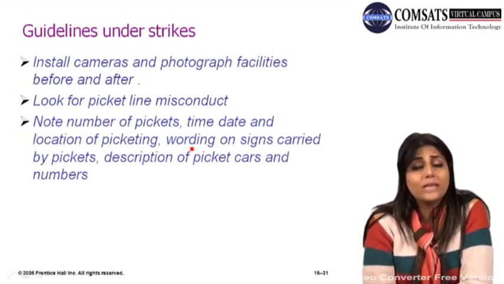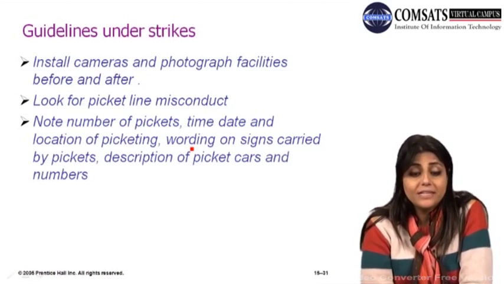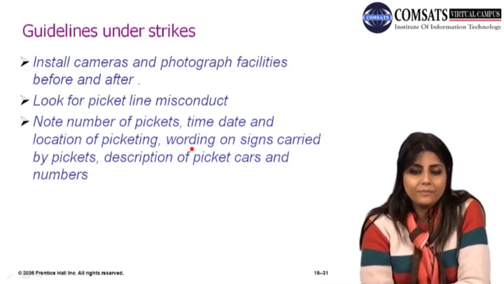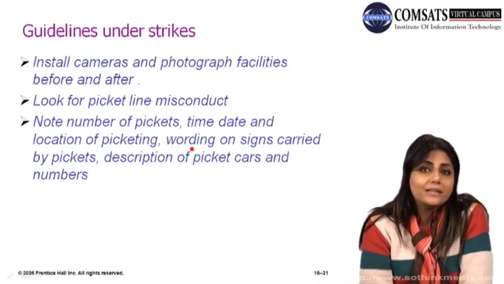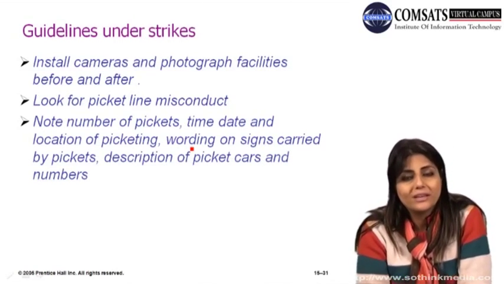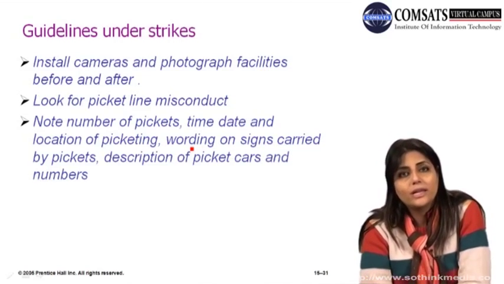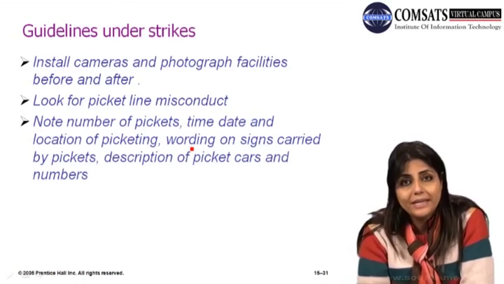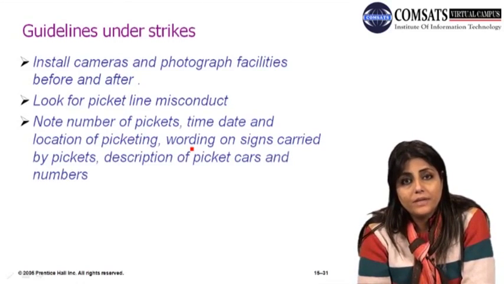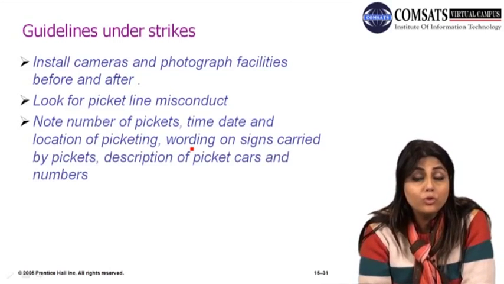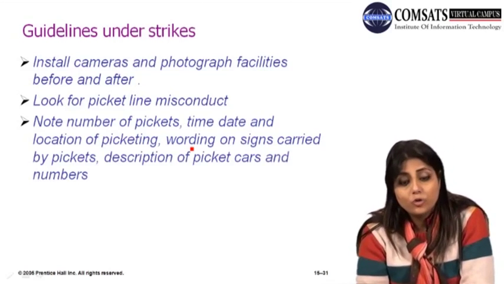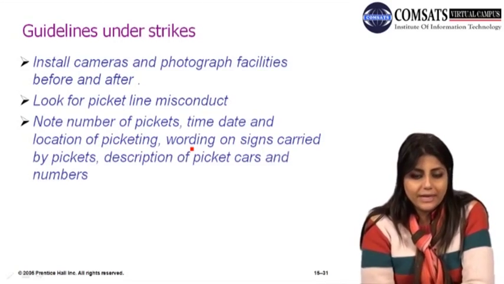They should also install cameras and photograph the facilities before and after the picketing occurs, to see if the picketers or the striking employees become violent, throw material on the building, or disrupt the operations of the building. In those violent cases, they can be photographed and recorded on the cameras, right?